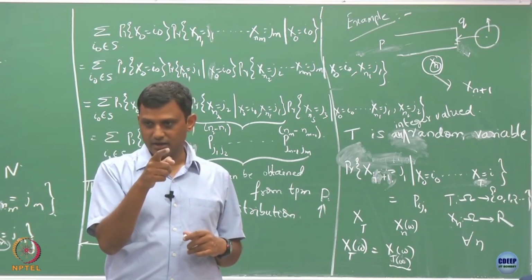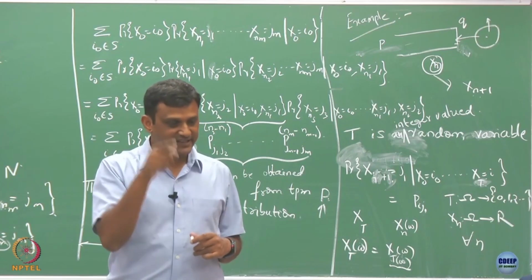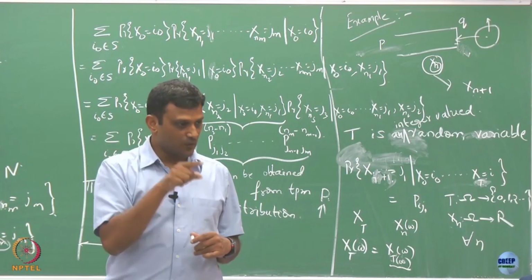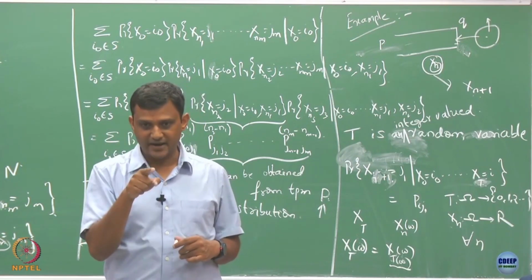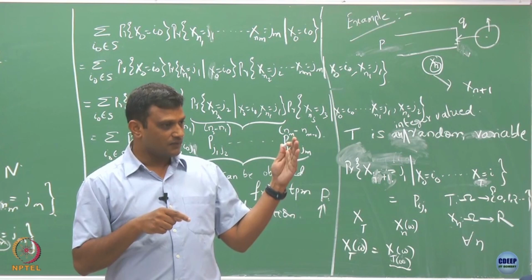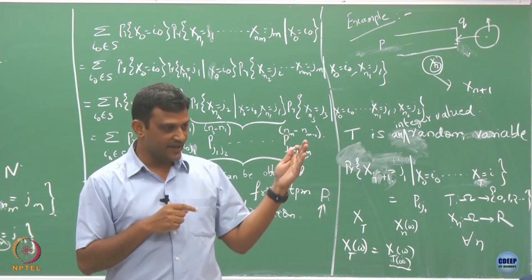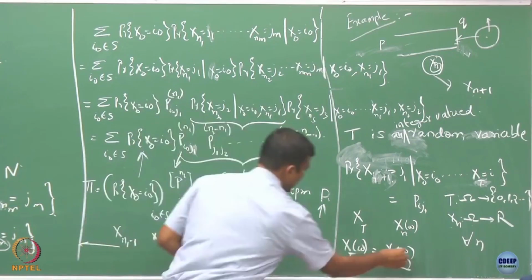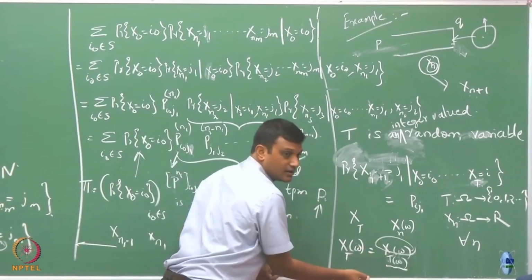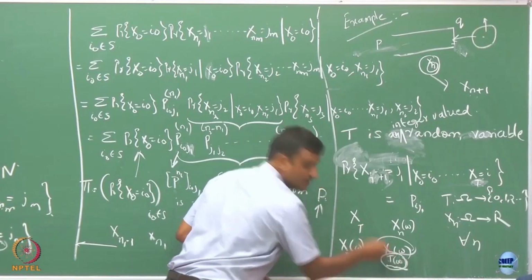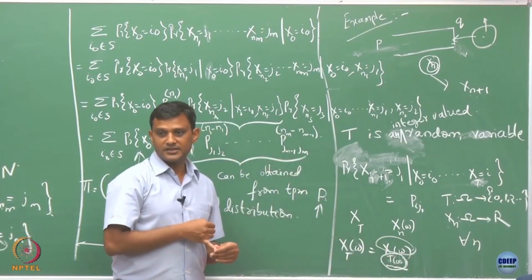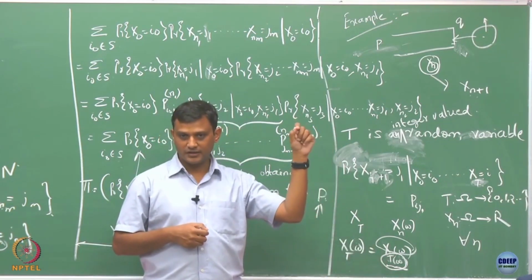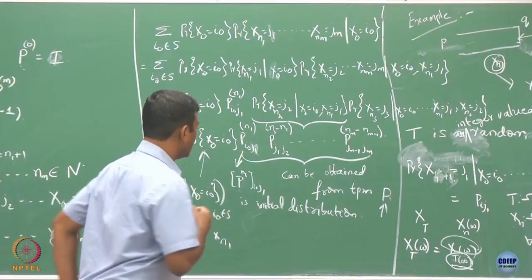What I am saying is it has exceeded 500, but its value itself need not be 500, it may be 600. It may have exceeded 500 rupees on the 100th day, but what is the price when it exceeded, that will be given by this, and the day when it exceeded 500 is given by this T of omega. And here omega corresponds to that particular stock that I would be interested in.